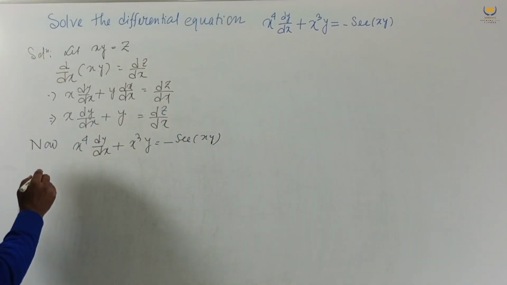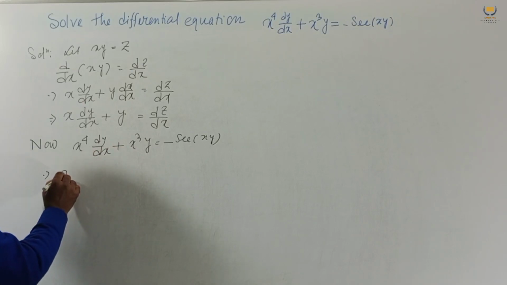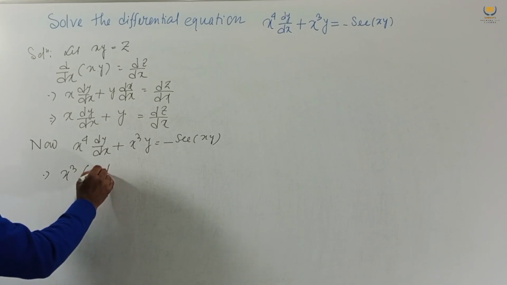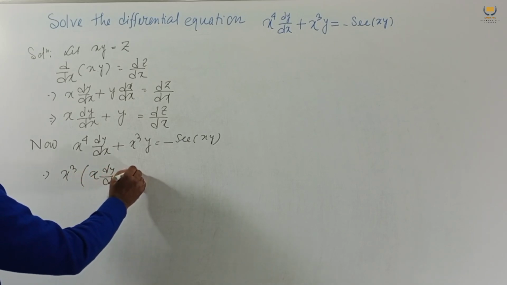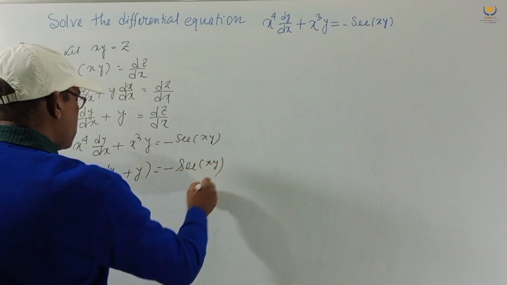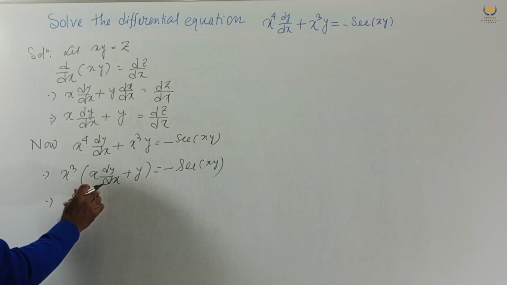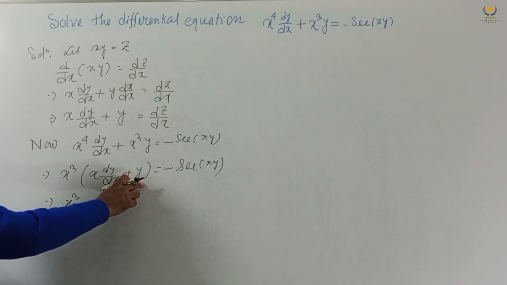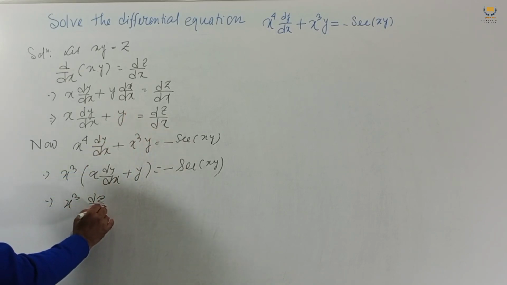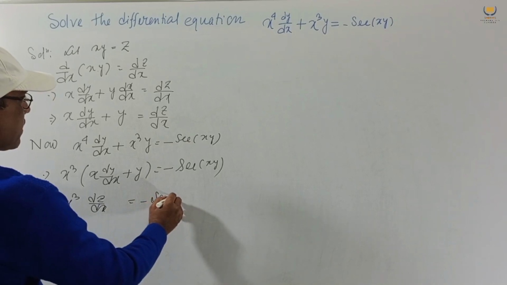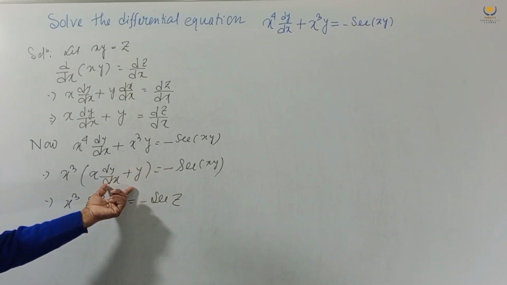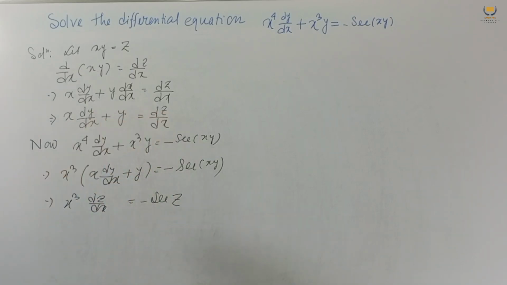This is our given equation. Now from these two, taking x cube common, we get x dy/dx plus y, equal to minus sec of xy. X cube times x dy/dx plus y, this value is dz/dx, and this is sec z. Initially we considered xy equal to z, and this value we get as dz/dx.